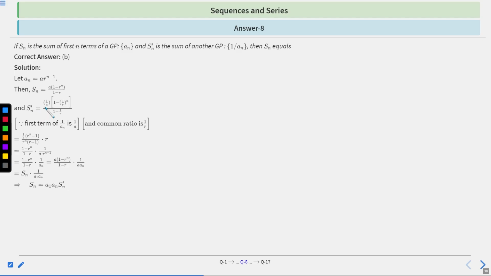So Sn dash is basically 1 by a into 1 minus 1 by r to the power n upon 1 minus 1 by r. The first term is 1 by a and the common ratio is 1 by r, right? So after solving this, we get a into 1 minus r to the power n upon 1 minus r, into 1 by a1 an, which is basically Sn. So Sn into 1 by a1 an, right? So Sn is a1 an Sn dash, right? So I think option B is the right choice.